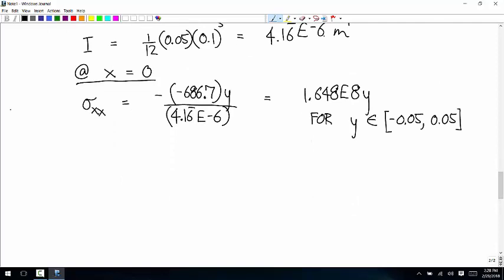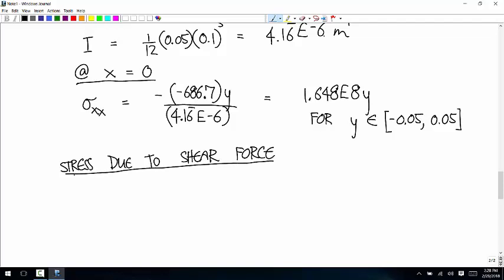Okay, so now let's think about the stress due to shear force. So first we have to make sure that our calculations make sense. What are the restrictions for stress due to shear force? So this one I didn't really give in terms of restrictions, I actually gave it in terms of the only two shapes that we can deal with.